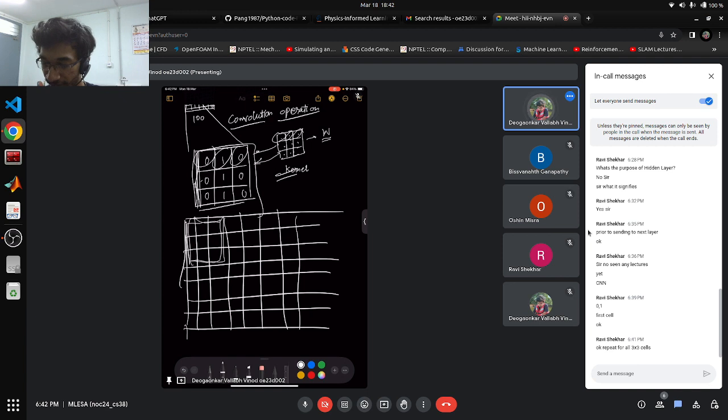Then I will get one number, because I took the element wise multiplication and added them all up. What I do is I don't put the next thing over here. I instead put it over here. So I moved only one cell to the right.